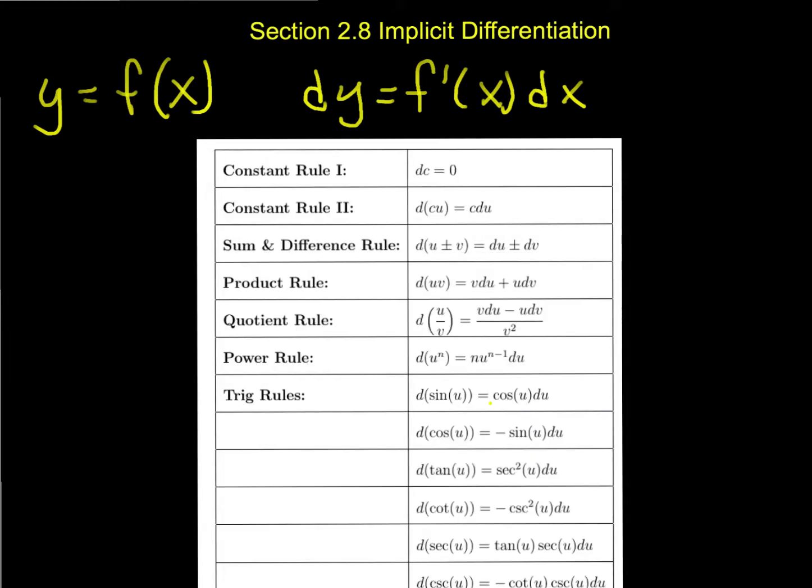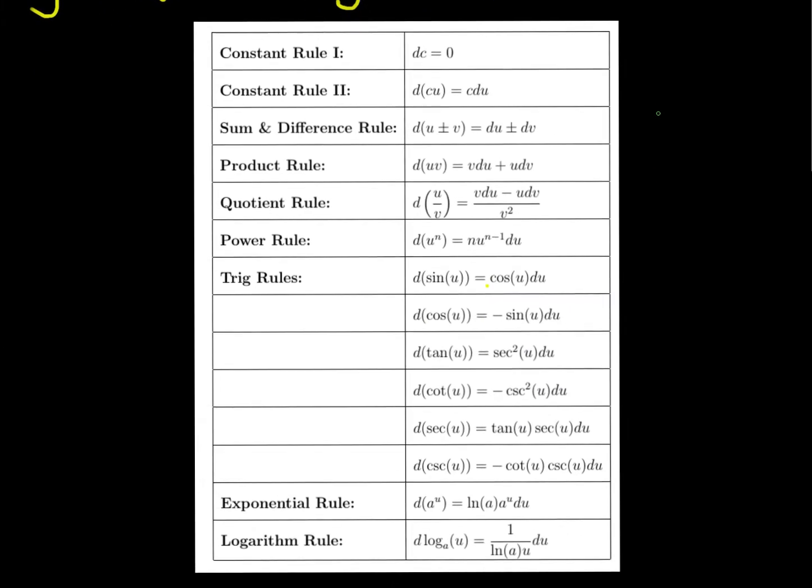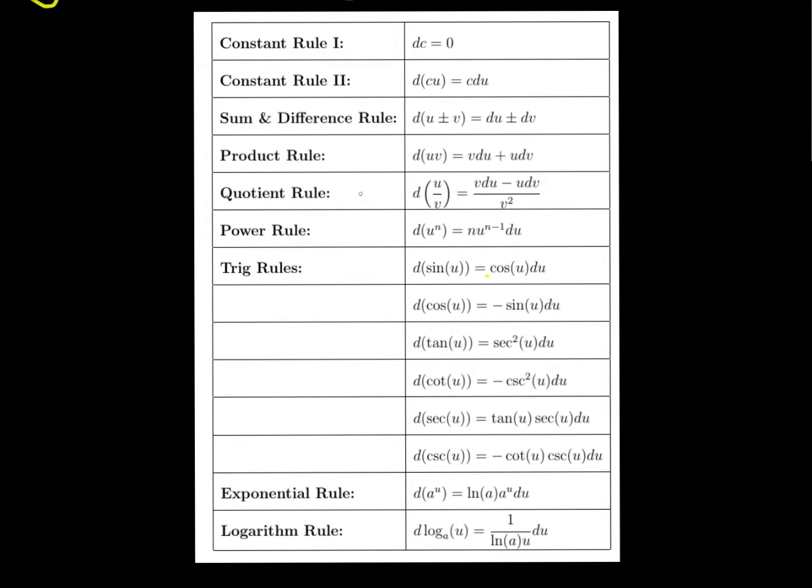So if we scroll down and take a look at our rules as we've collected them so far, we know that the differential of a constant is 0, that constants factor out of the differential operator, and that the differential operator distributes across addition and subtraction.